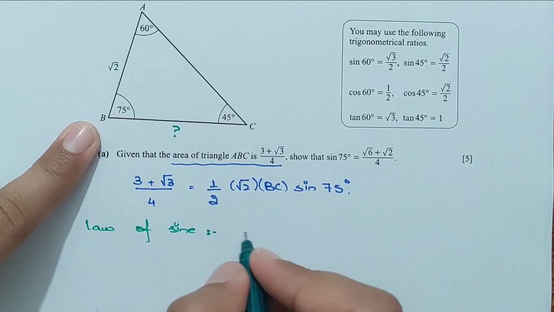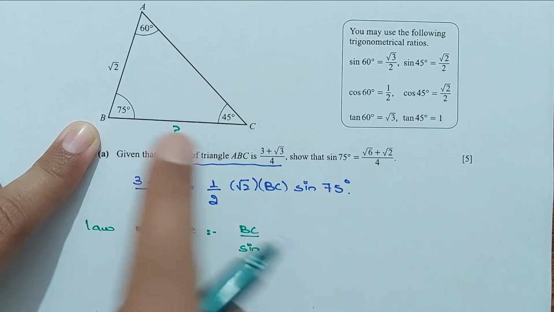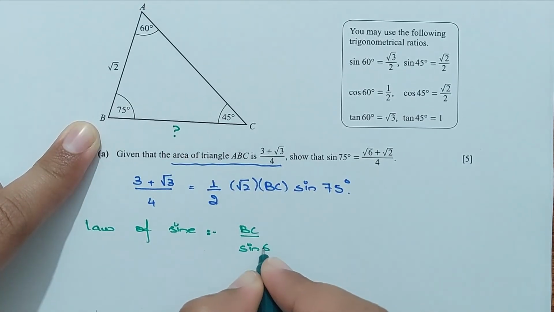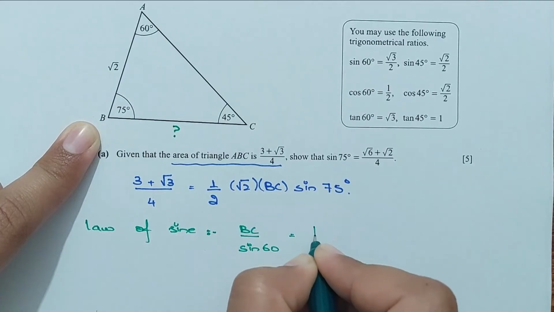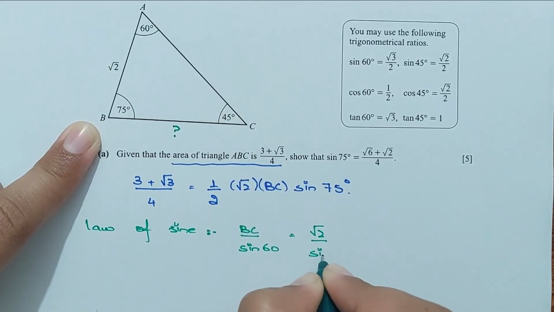So law of sine says BC over sine of 60 equals to square root of 2 over sine 45. We have been given sine 60 and 45, right?